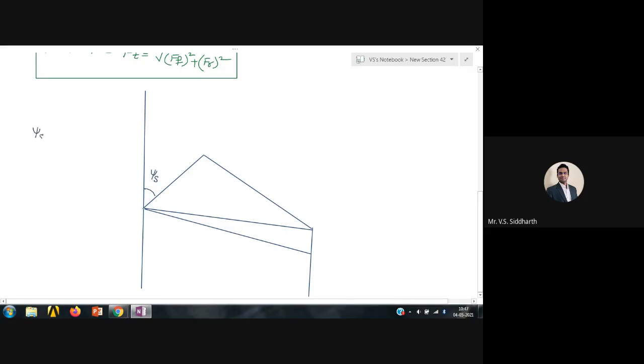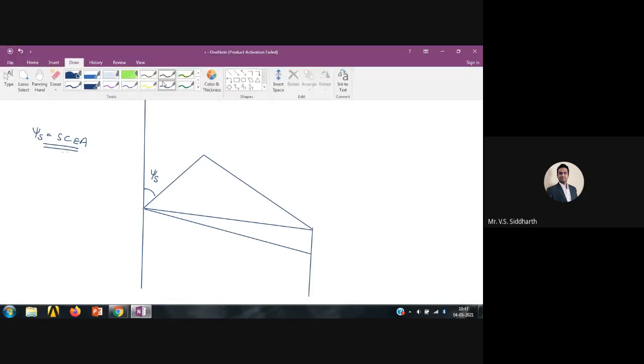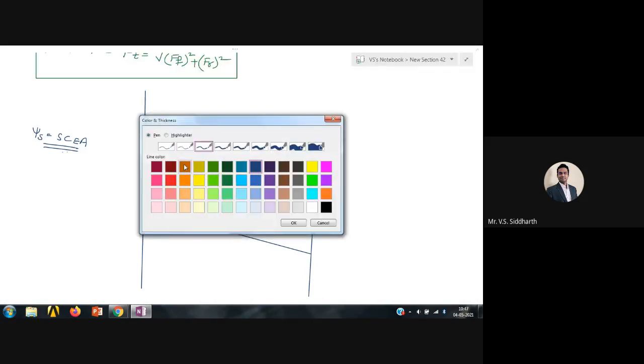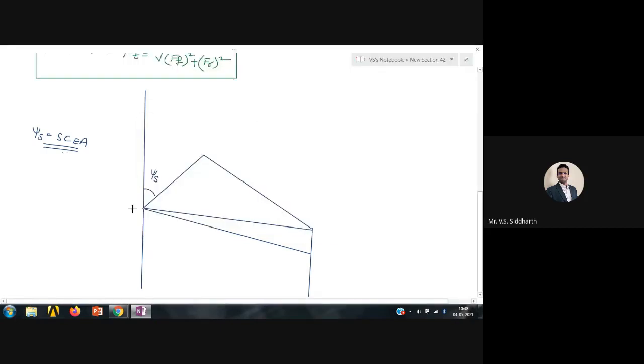Psi s is the side cutting edge angle. Now, what is this plane?